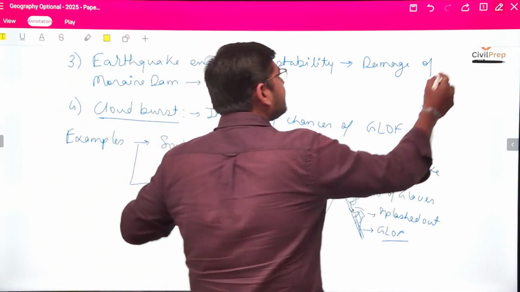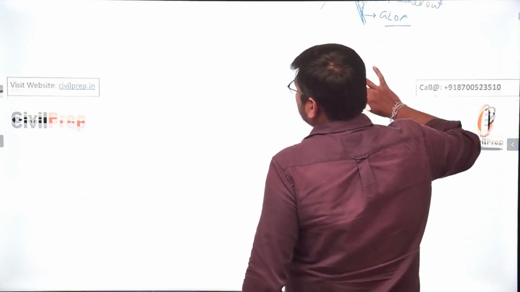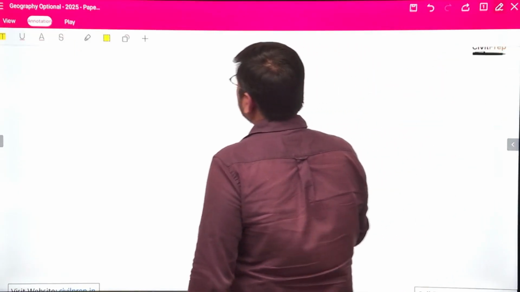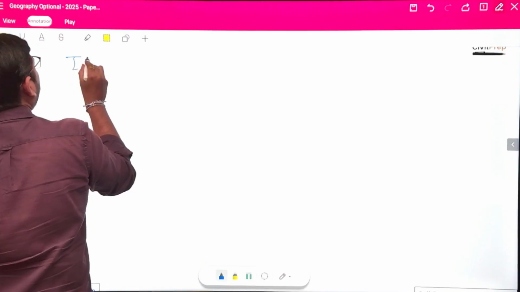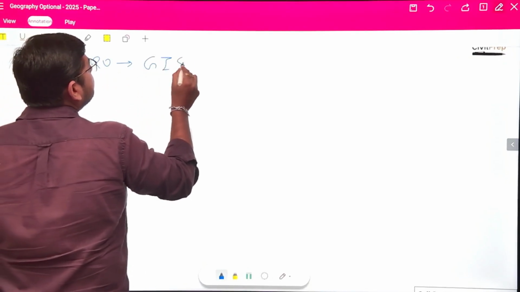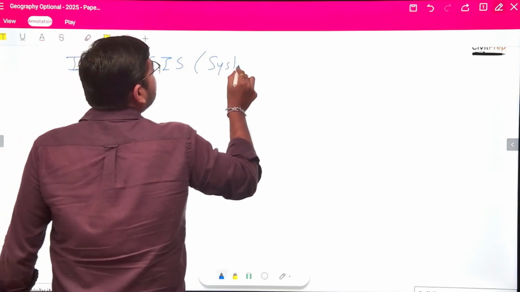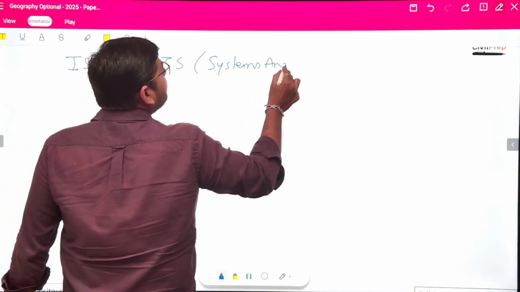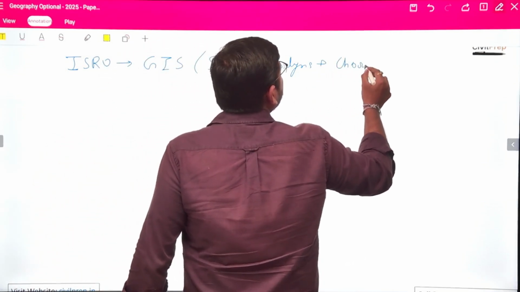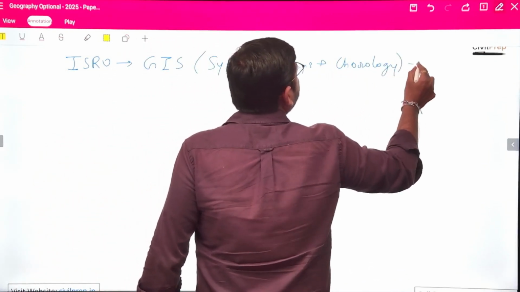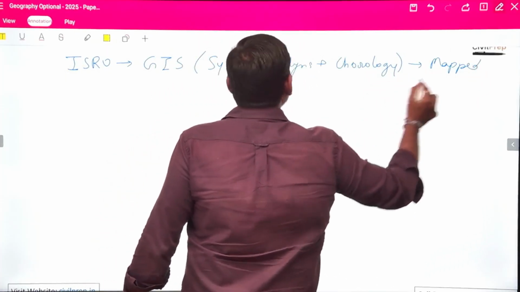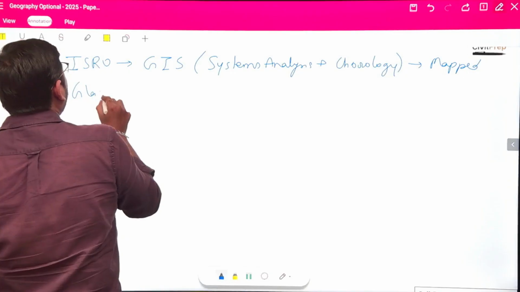To look at this part, we will see that ISRO has used a GIS system, which is part of systems analysis plus hydrology. They are trying to map, actually they have mapped, the glacial lakes.